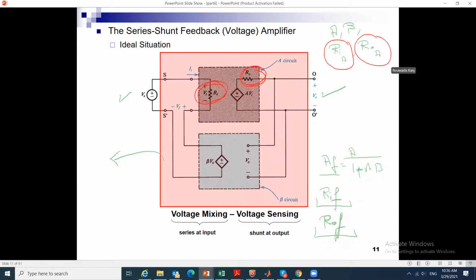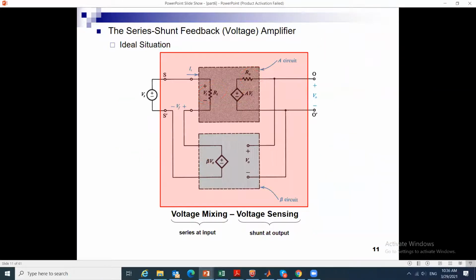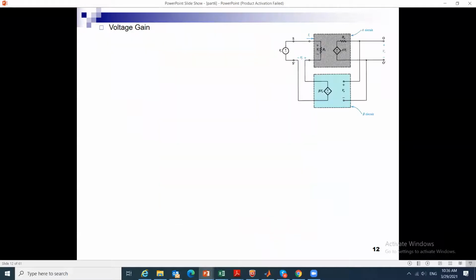Those quantities, along with A and beta, are going to determine AF, RIF, and ROF. So this is very important. Let us see how we're going to do that in the coming slide.